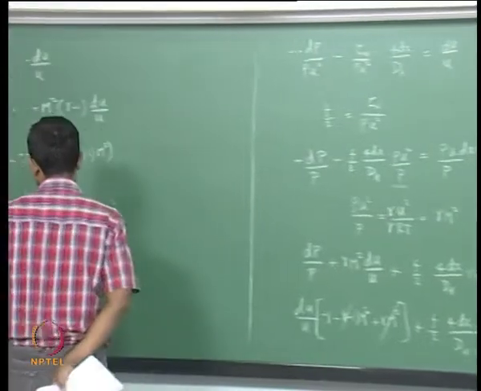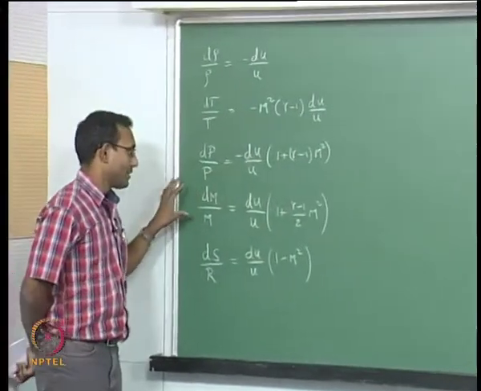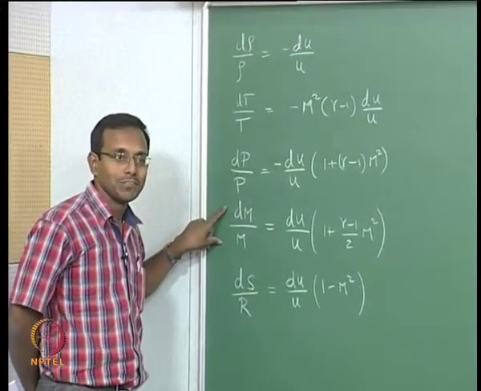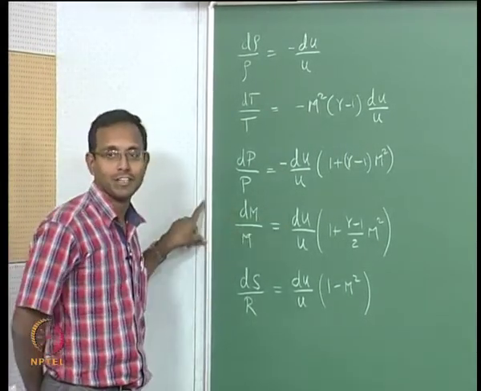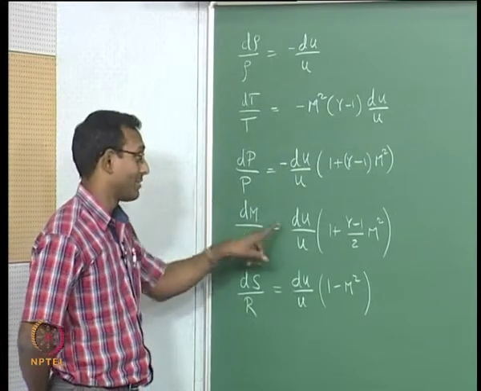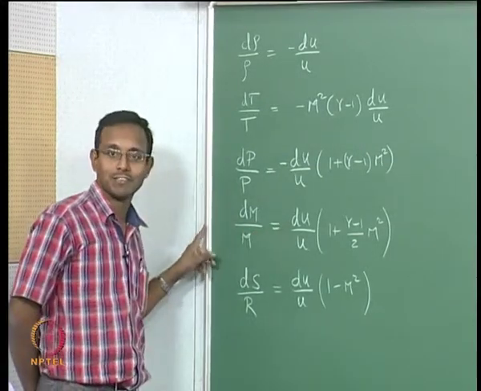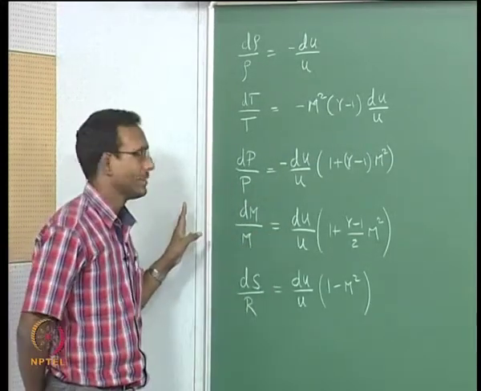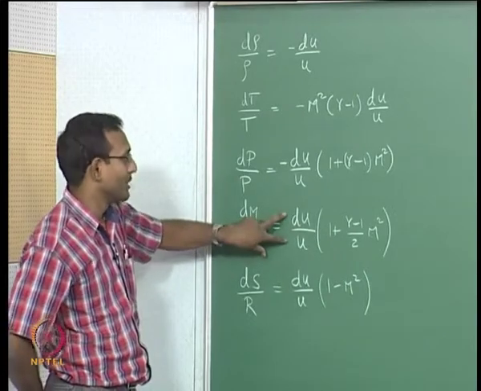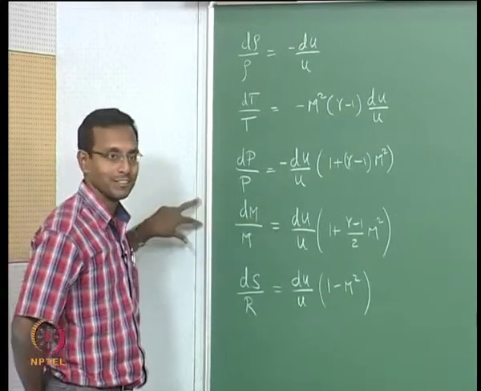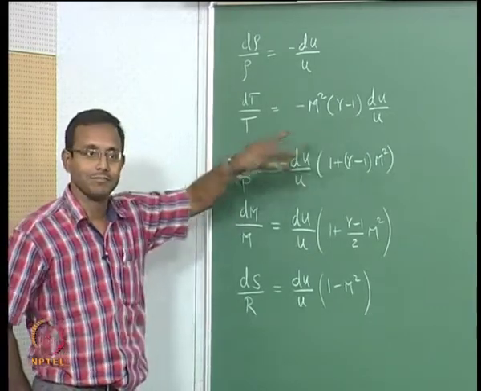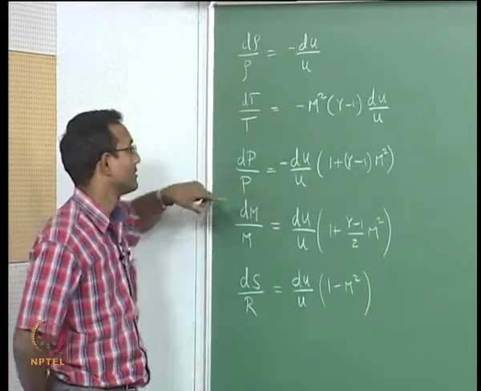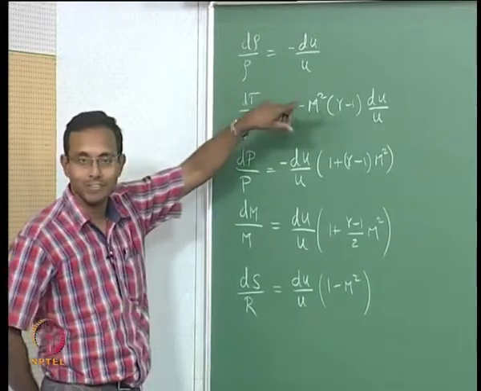Let us say I will pick this equation here, I can replace this dM by M in terms of dx, then I will get du by u in terms of dx. Then I can get velocity as a function of x if I integrate that particular equation. Similarly, I can put that du by u in terms of x into this, I will get pressure variation, dp by p in terms of dx. Similarly, dT by T in terms of dx.